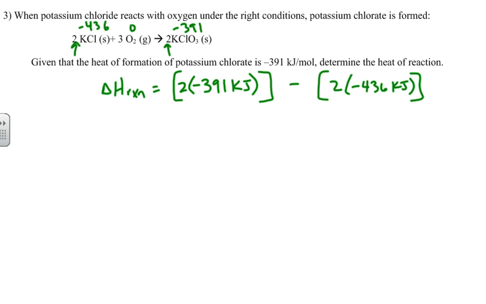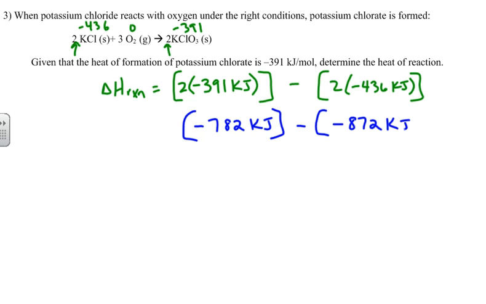So now it's a matter of arithmetic, plugging these numbers into your calculator. 2 times negative 391 works out to negative 782 kilojoules. We're going to subtract out 2 times negative 436, which works out to negative 872 kilojoules.